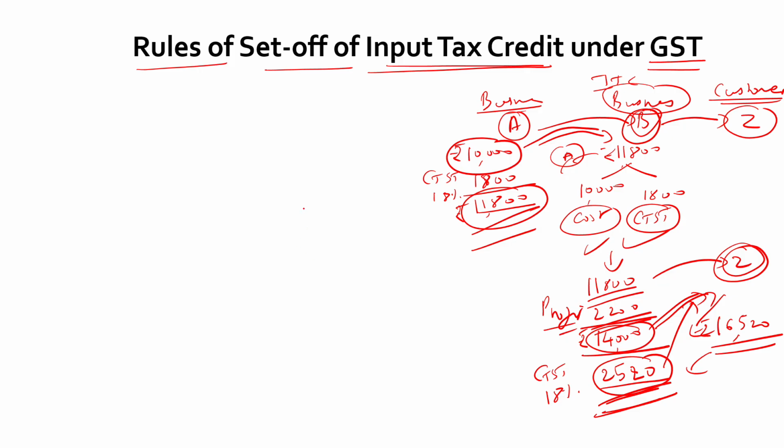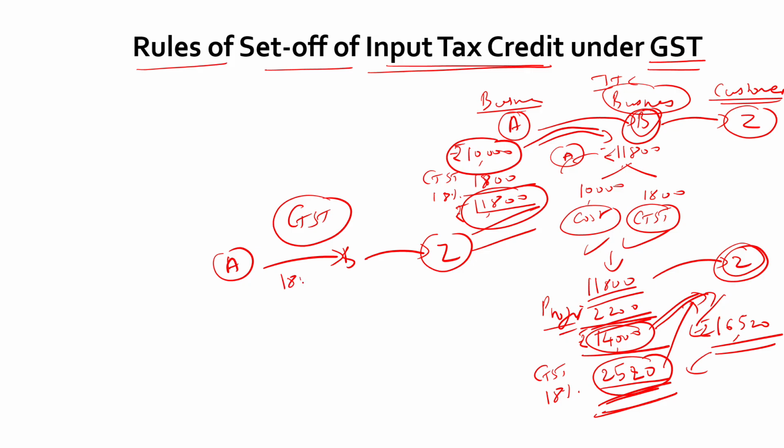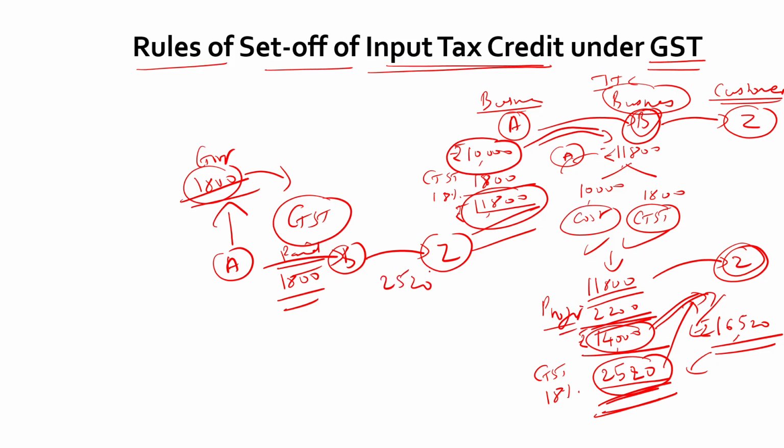Now, if we take the GST component here to understand properly, Mr. A has taken a GST of around 1,800 from Mr. B. So Mr. B has paid around 1,800, and Mr. A is giving to the government the 1,800 which he has collected from B. Now Mr. B has collected from Mr. Z a GST of around 2,520.